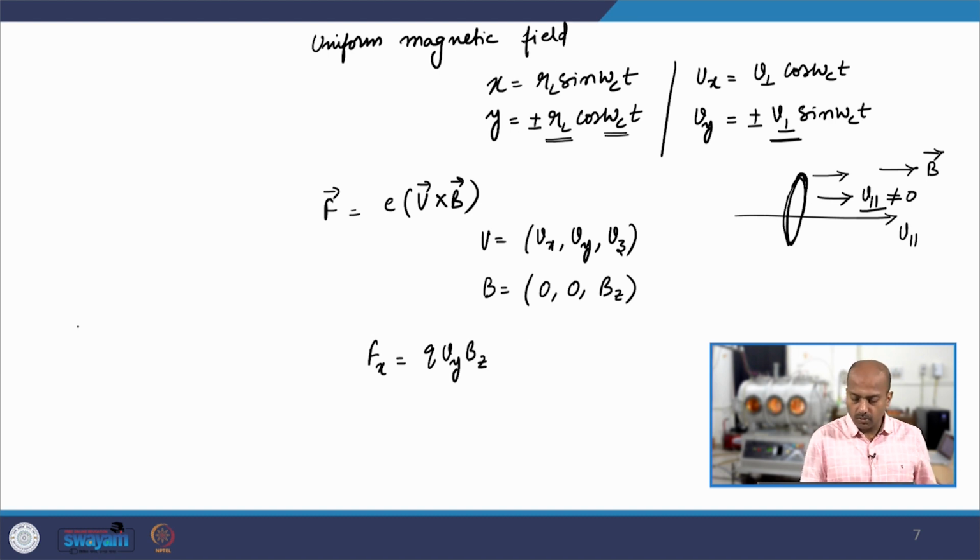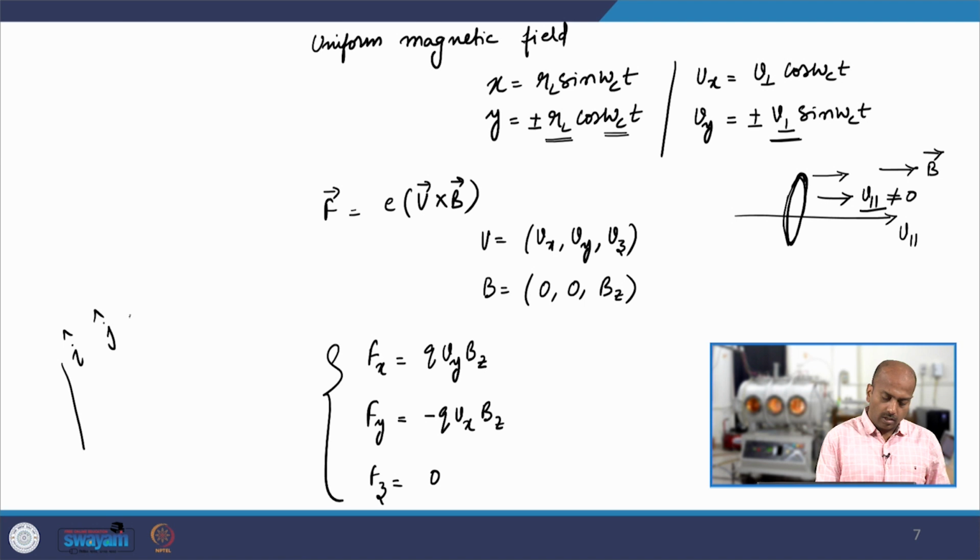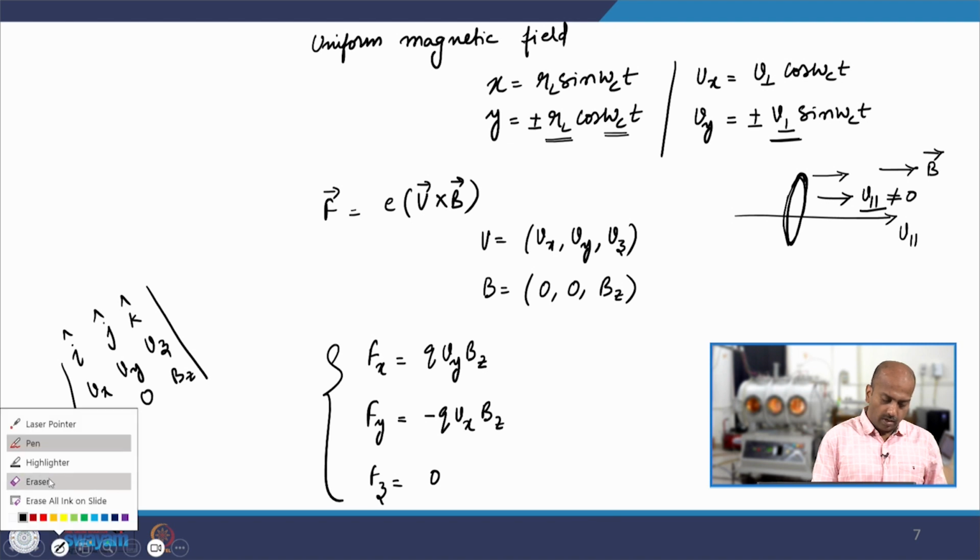If you want to know how I got this, it is straightforward actually. How did I get these relations? This can be written by taking the determinant with i, j, k, Vx, Vy, Vz, 0, 0, Bz. What am I doing? I am just trying to evaluate the cross product.